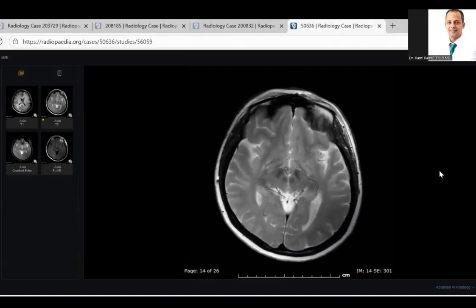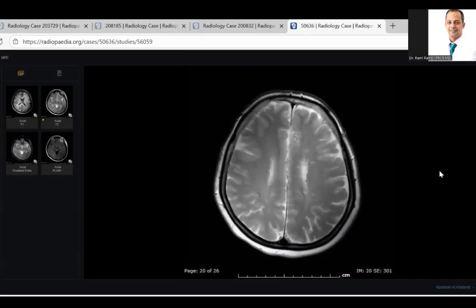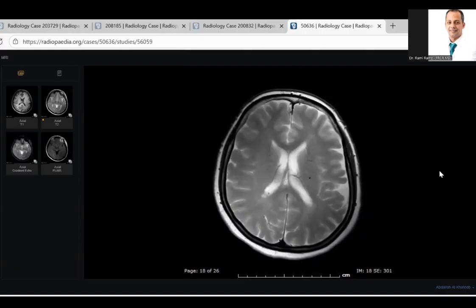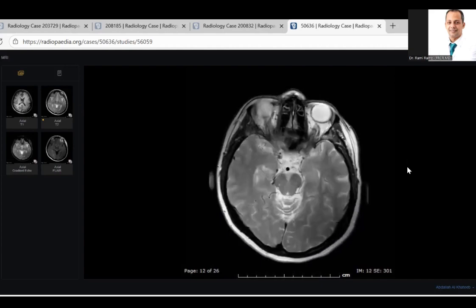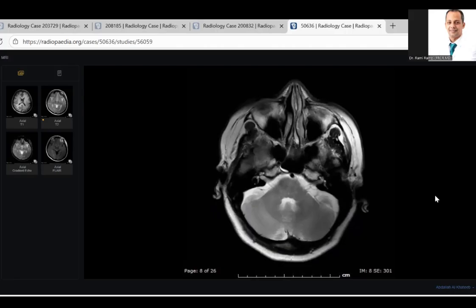I can see that there is no obvious abnormality within this T2 sequence, although in comparison between the right and left brain hemispheres, I can see that there is enlargement of the sulci and gyri on the right frontal and parietal areas. I cannot see any shift of midline structure. I can see that there is a hyperintense lesion noted within the medial aspect of the right temporal lobe, associated with loss of sulci and gyri differentiation.